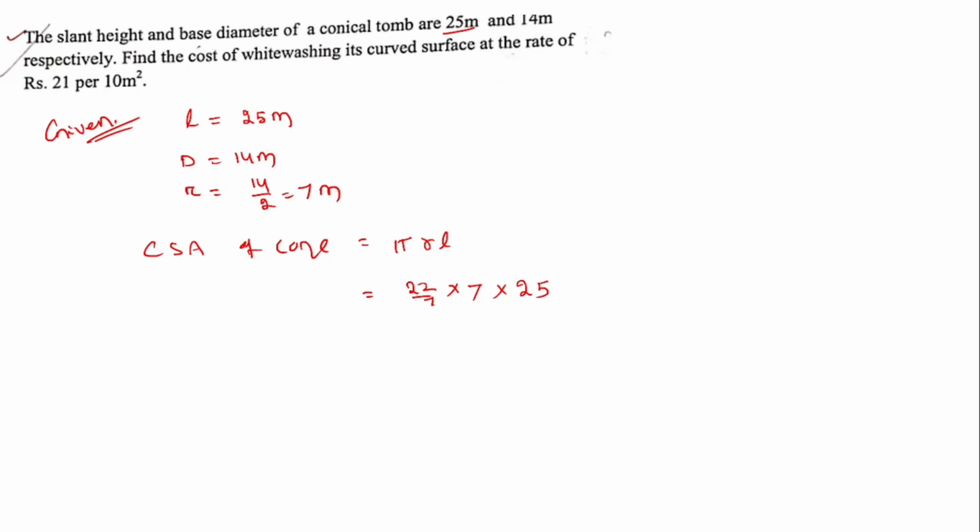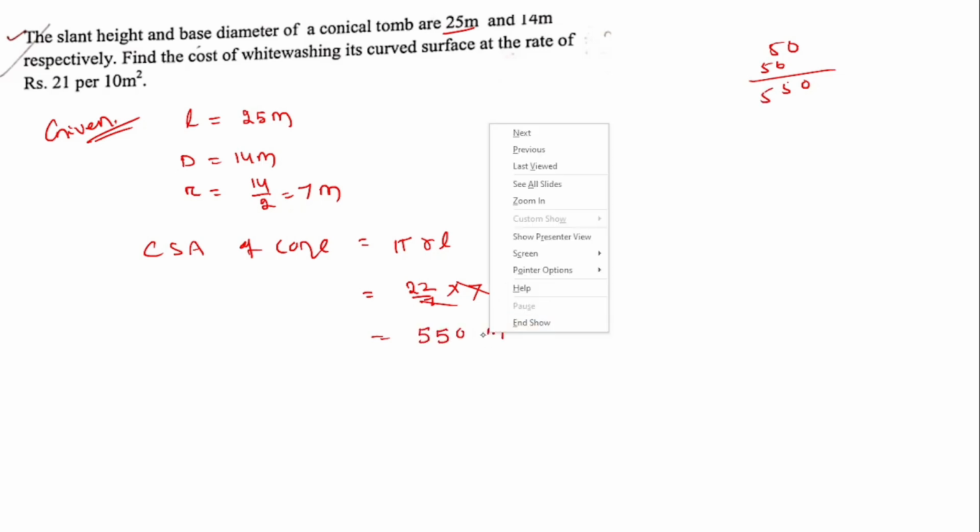So 7 cancels, now multiply 22 into 25, that is 550 meter square.